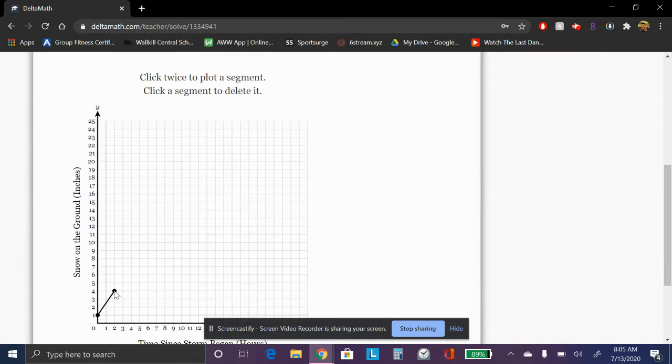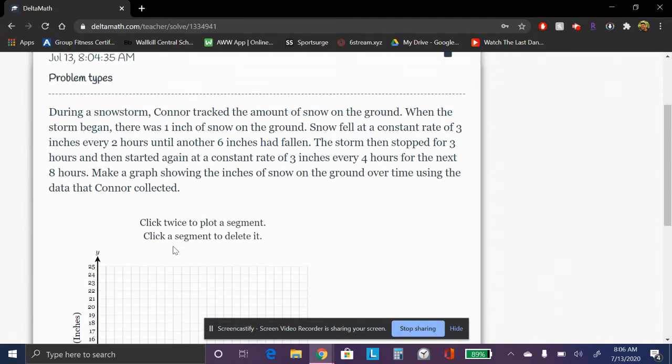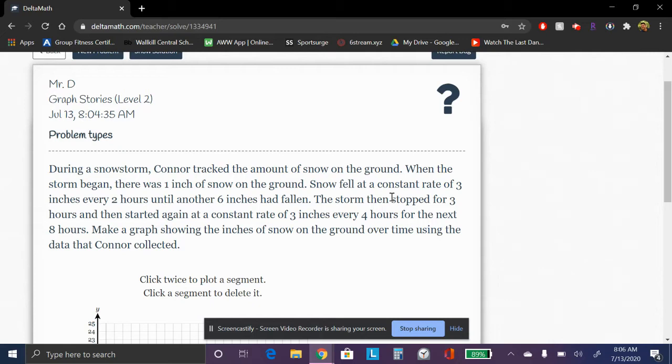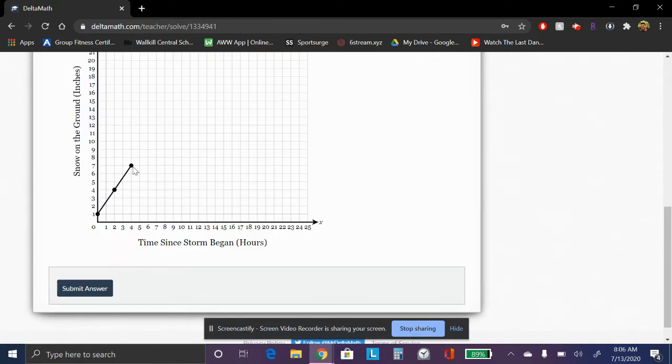All right, so that was 3 inches. And now another 3 will give me 6. The storm then stopped for 3 hours. Okay, 1, 2, 3.